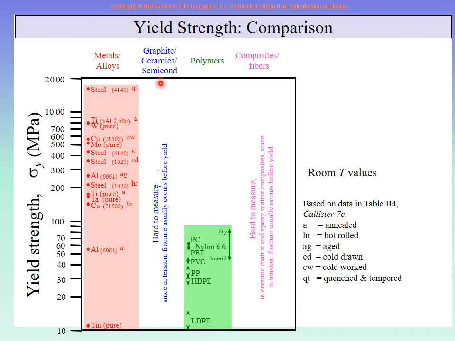You should be very clear that no, I will not read, I will try to answer from my own mind. So for ceramics, why is it hard to get the value of yield strength? Why are no yield strength values reported for ceramics? Anybody? What is the most important property of ceramics?